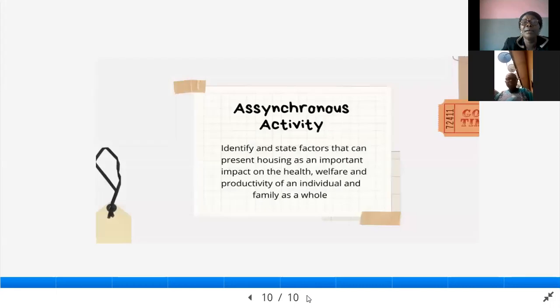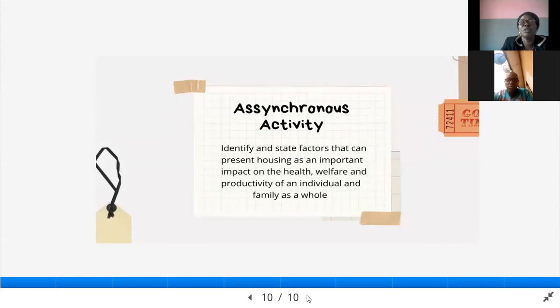And asynchronously, I'd like you to identify and state factors. Can you identify some factors that can present housing as an important impact on the health, welfare and productivity of an individual and of a family as a whole?